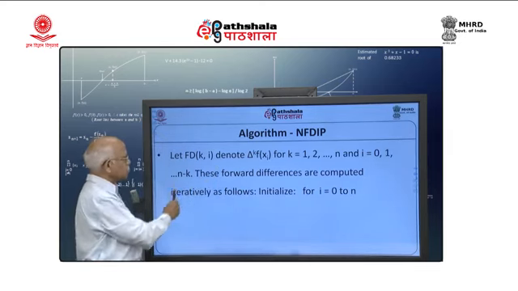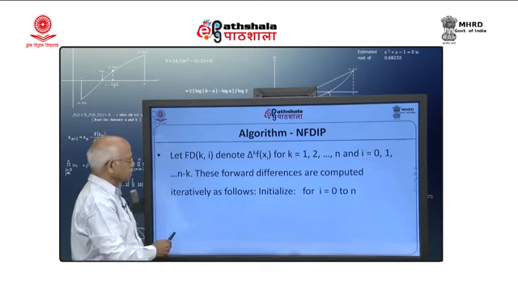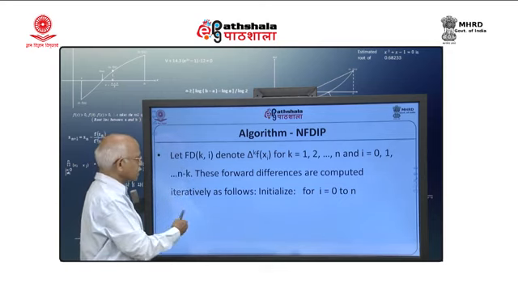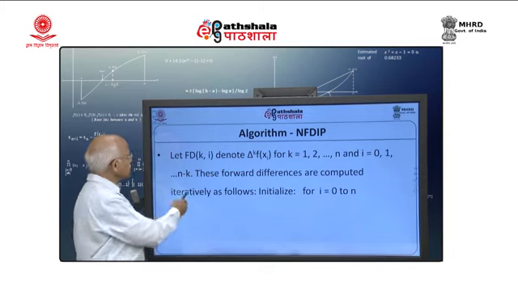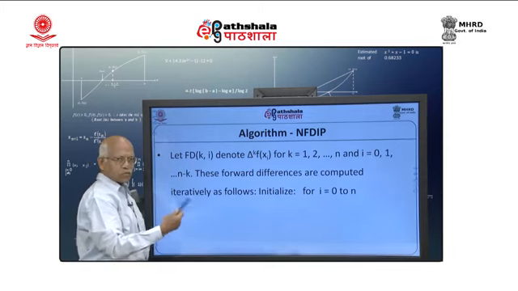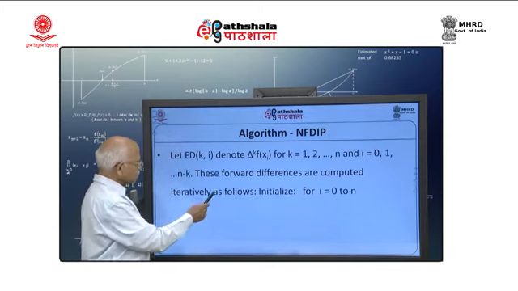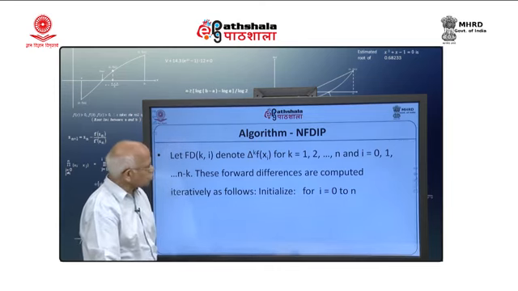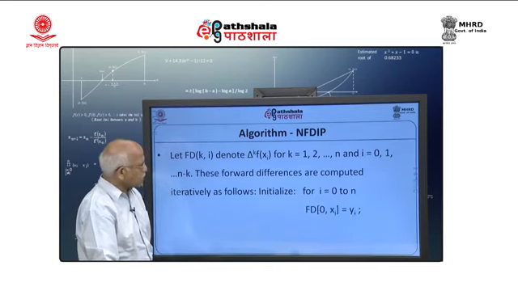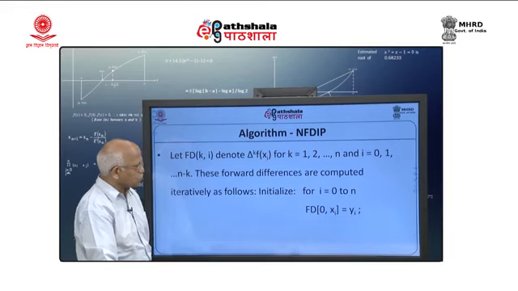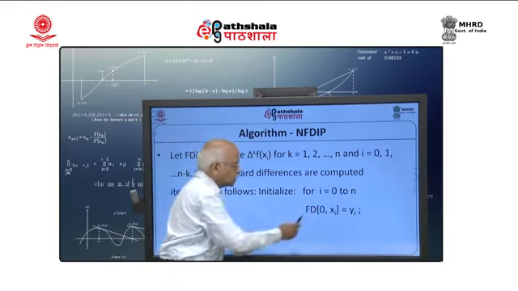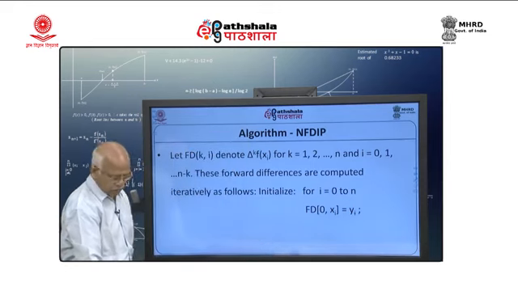So, that is how you will compute this fd k i, and these fd k i's are computed iteratively, because by definition forward differences can be computed iteratively. First we initialize, for i equal to 0 to n, fd 0 x i equal to y i. You know that the 0th order difference is nothing but the value of y i.